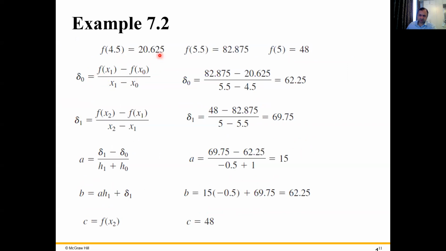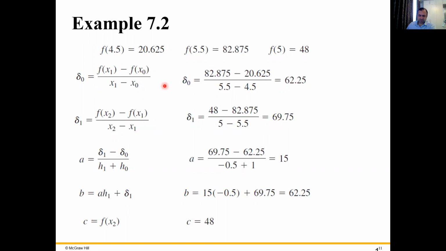So fx1 we already calculated over here, it is 82. Fx0 is 26.625, and x1 minus x0 we have also calculated. Similarly, we can calculate delta 1 from this equation. Okay, so delta 1 has been calculated.